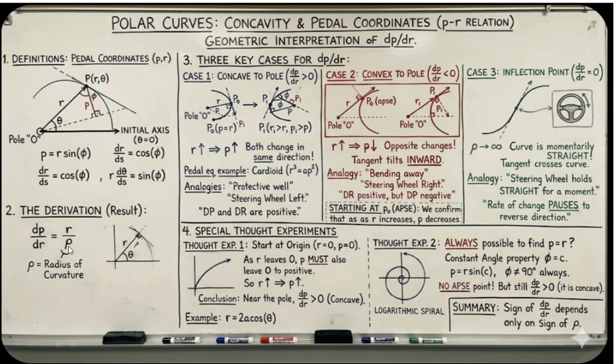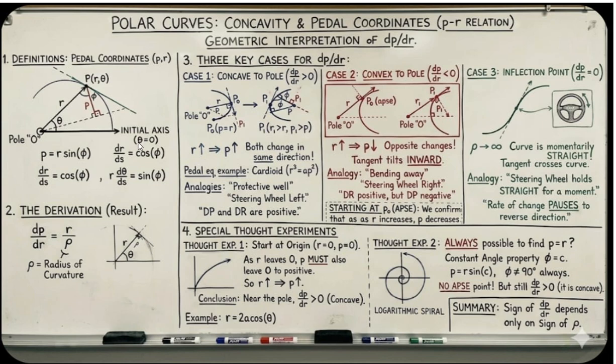Or you can say that rho is equal to r into dr by dp. Based on this formula, if dp by dr is negative, the radius of curvature is going to be negative. If the radius of curvature is positive, you can directly say that it is a concave curve. If the radius of curvature is negative, you can directly say that it is convex.